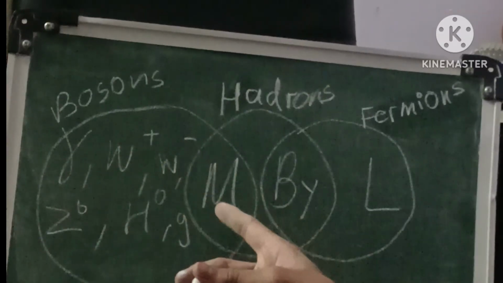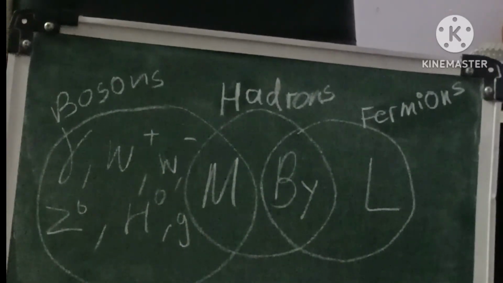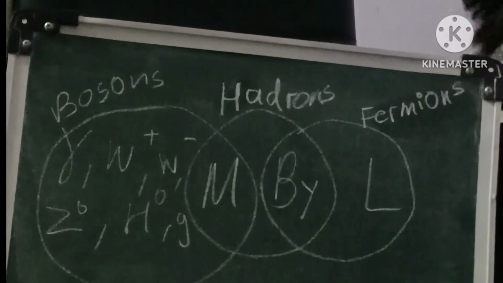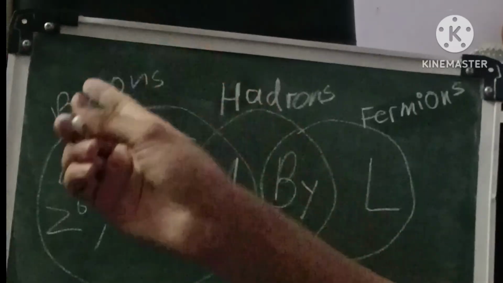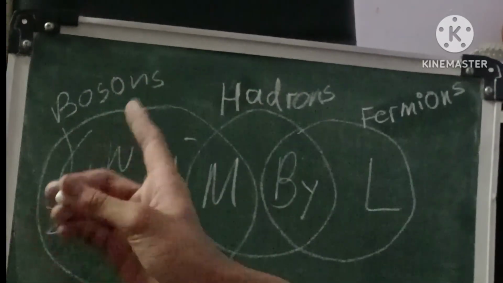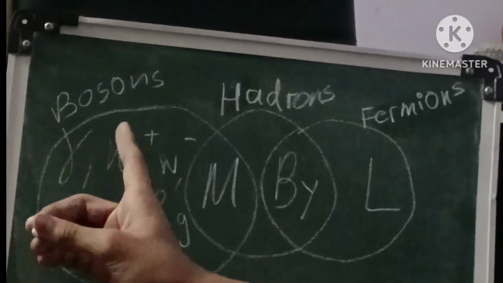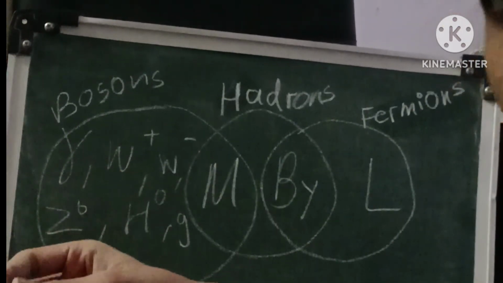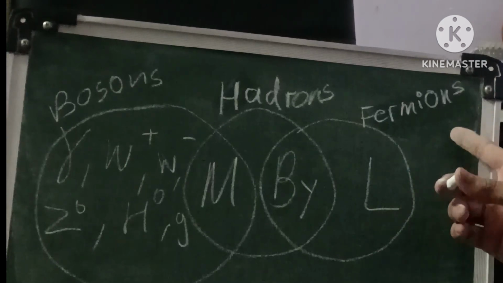And also they include mesons, because if you remember that pions, kaons had spin 0 and 1, so they are also included in bosons. And one thing we also say when we are referring to them is that they follow Bose-Einstein statistics.